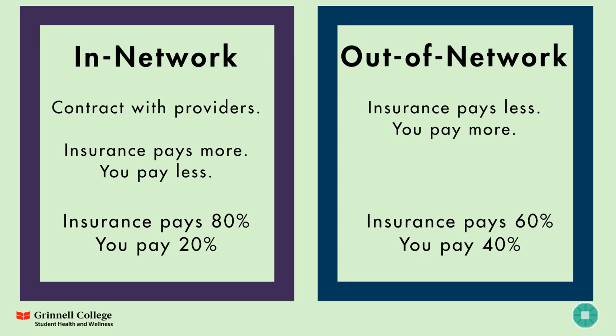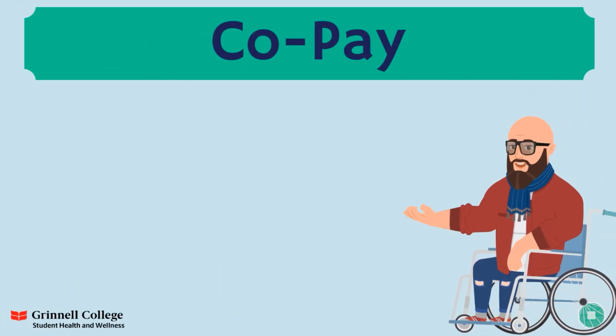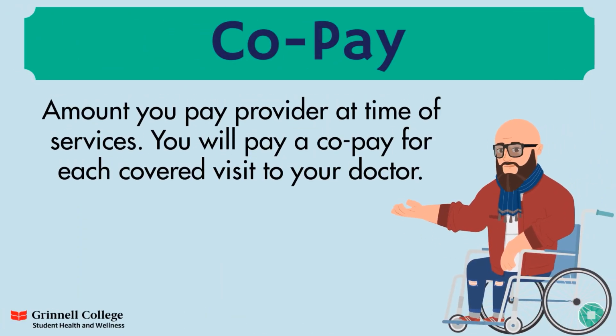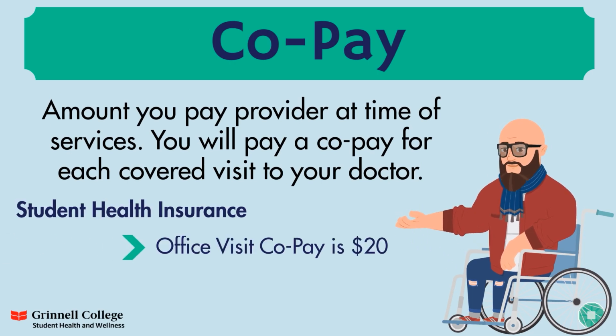The next important term to know is copay. A copay is the amount that you pay a provider at the time of service. You may have to pay a copay for each visit to your doctor. For the student health insurance, you will need to pay $20 every time you go to the doctor, as long as the reason for the visit is covered by insurance.